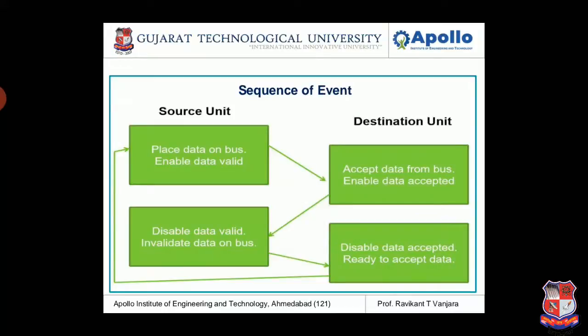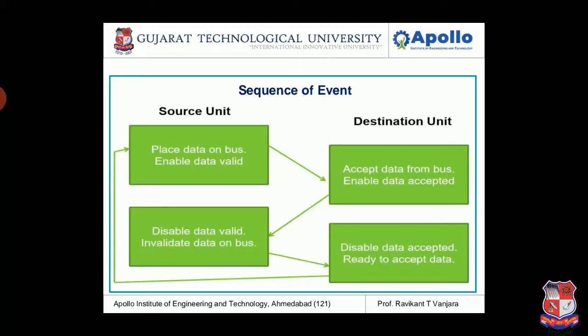This is the sequence of events: in source initiated transfer, the source unit first places the data on the data bus, and then it enables the data valid signal in order to inform the destination unit that data is placed on the data bus. Now the destination unit accepts the data from the data bus and enables the data accepted signal to indicate to the source unit that the data has been received. Now the source unit disables the data valid signal and invalidates the data on the bus.